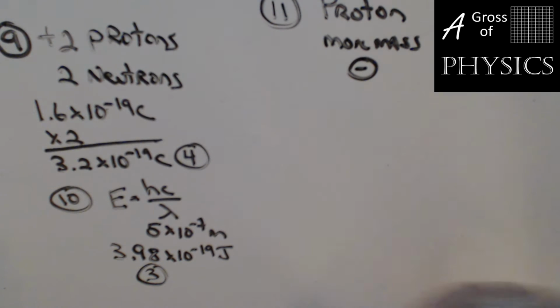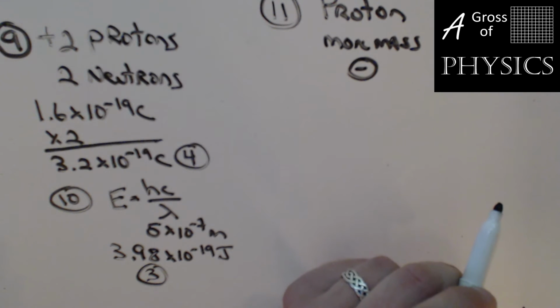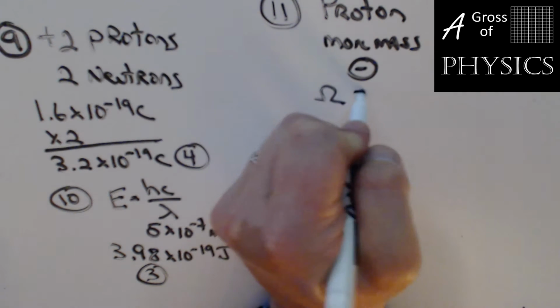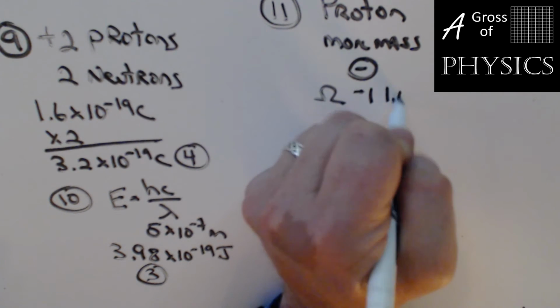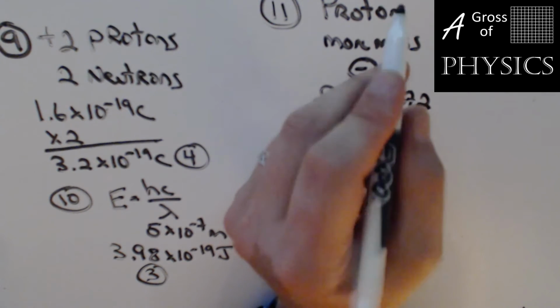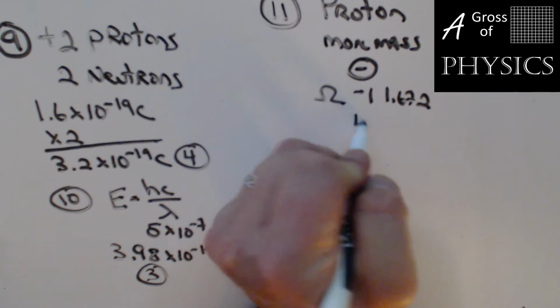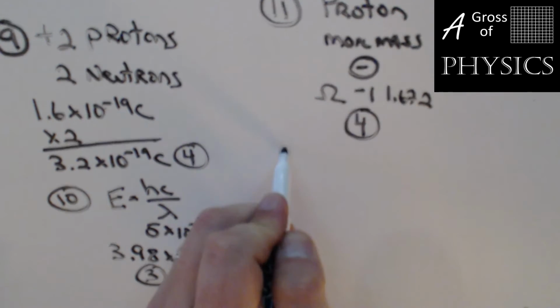So look at the chart. The only one that has a negative charge that has a different mass is the omega particle, and that is -1 charge, and 1.672 is the mass compared to 0.938. So your answer is the omega particle, choice 4.